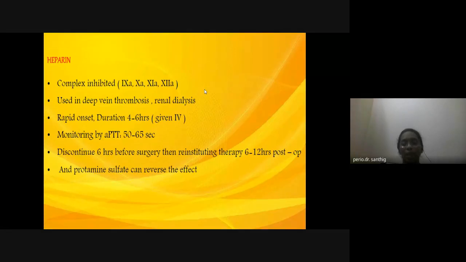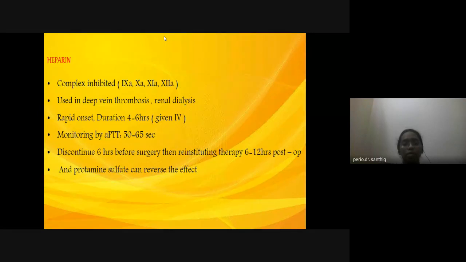The action of this drug lasts up to 4 to 6 hours given IV, and this can be monitored using the APTT test. 50 to 65 seconds it should be, and if you want to do any surgery, you have to discontinue this heparin for 6 hours before the surgery, and 6 to 12 hours post surgery. Protamine sulfate can reverse the effect of heparin.